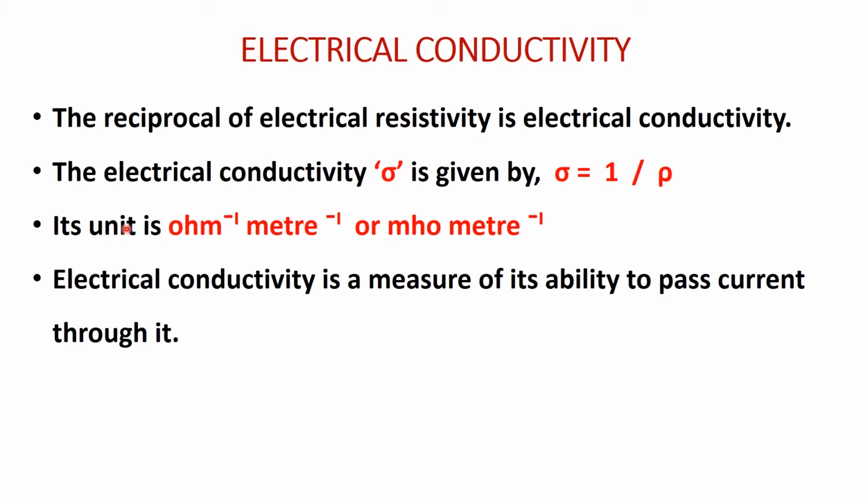The unit of electrical conductivity is ohm power minus 1, meter power minus 1, because the unit of electrical resistivity is ohm meter. We can also write it as mho meter power minus 1. So electrical conductivity is a measure of its ability to pass the current through it. Clear? Electrical resistivity is to resist the flow of charges, whereas electrical conductivity is the ability to pass the current through it.